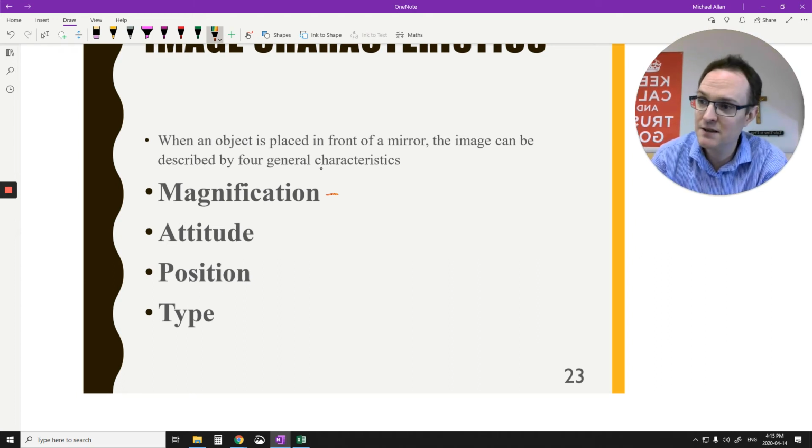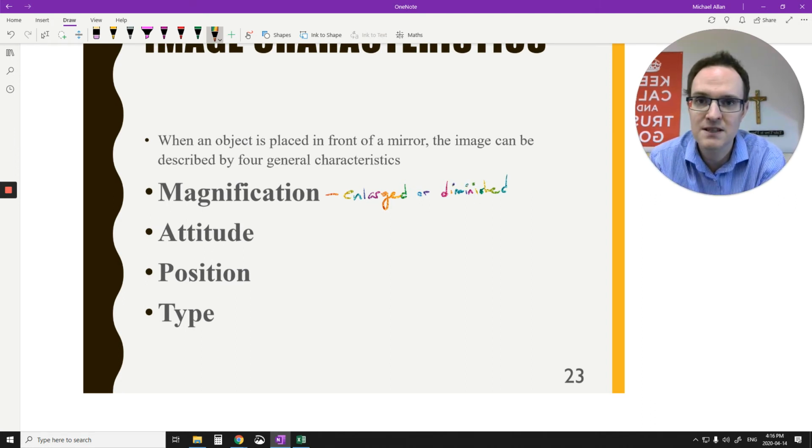It has a qualitative version, where the wording we're going to use is enlarged or diminished. You'll see this wording in scientific journals and future physics classes. They'll say enlarged and diminished, not bigger or smaller. They use these words to differentiate from other times you might use bigger and smaller.